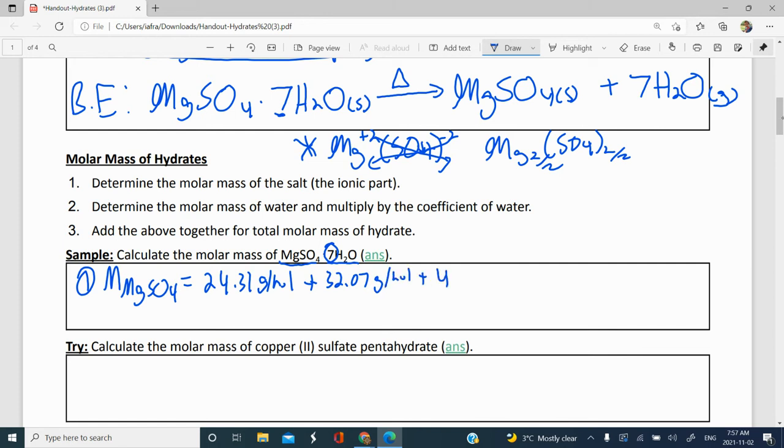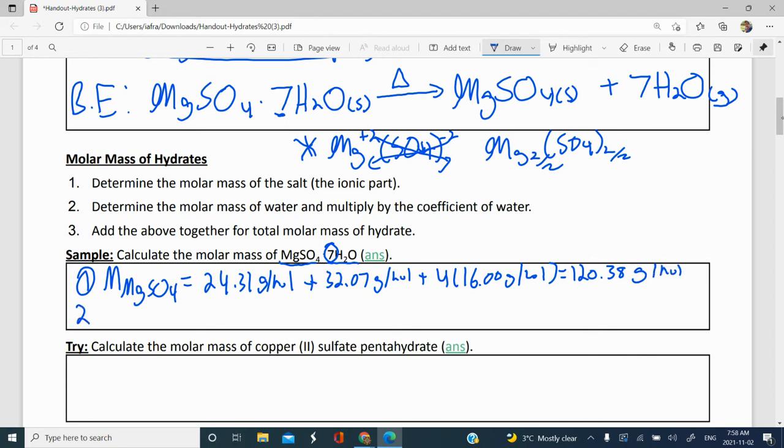Plus there's 4 oxygens times 16 for each of them, grams per mole. So 24.31 plus 32.07 plus 64, and we get 120.38 grams per mole for the ionic part.